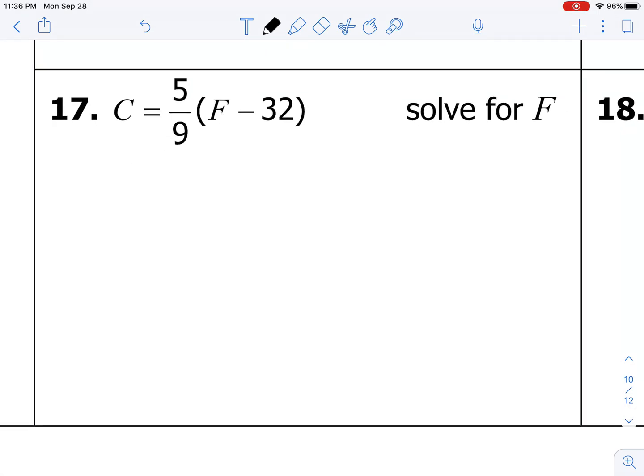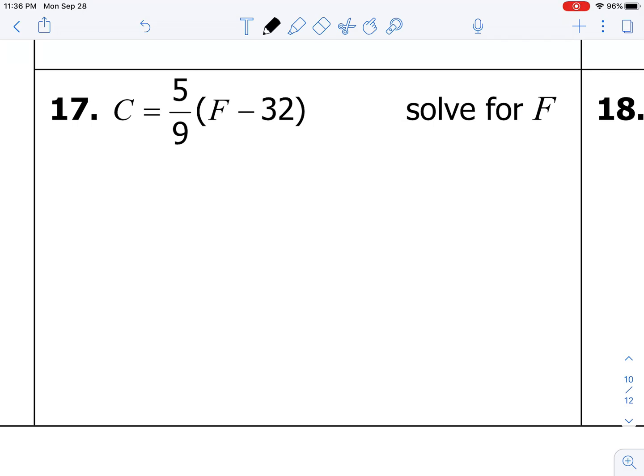Number 17, okay? Now, the majority of the people that look at this problem, what they want to do is distribute this first. No, do not do that. When you're solving literal equations for a letter, you do not want to distribute because you're going to have to undistribute it later, all right?